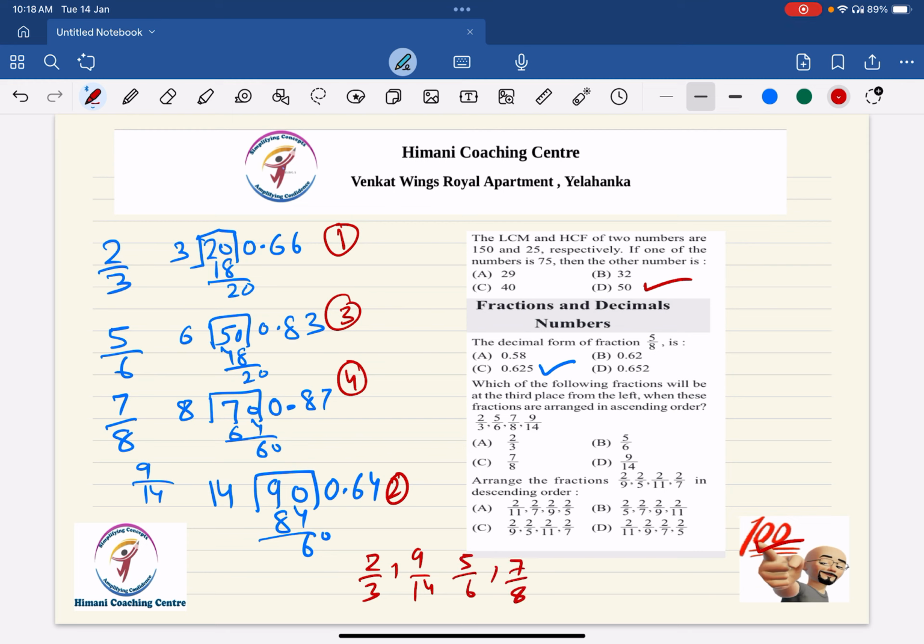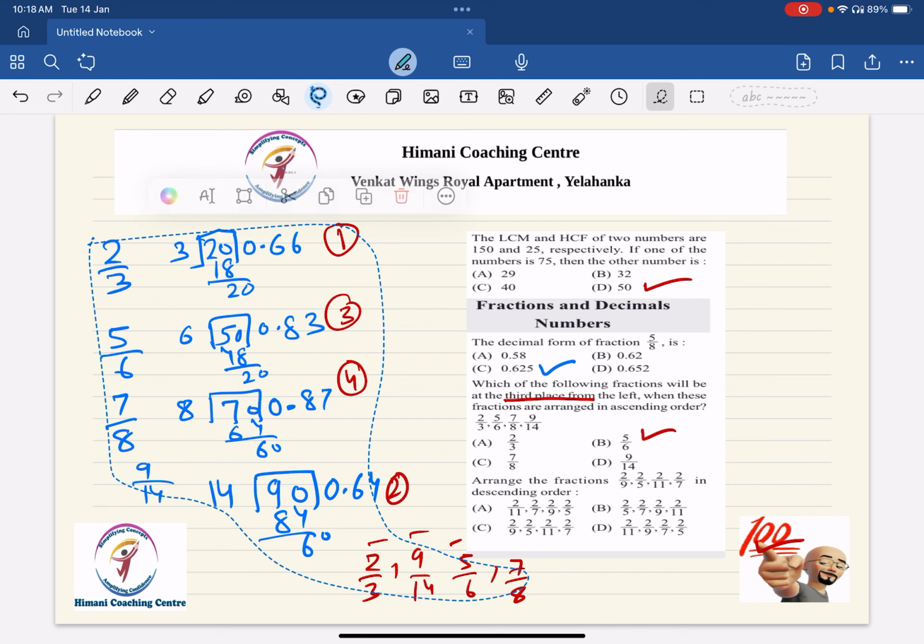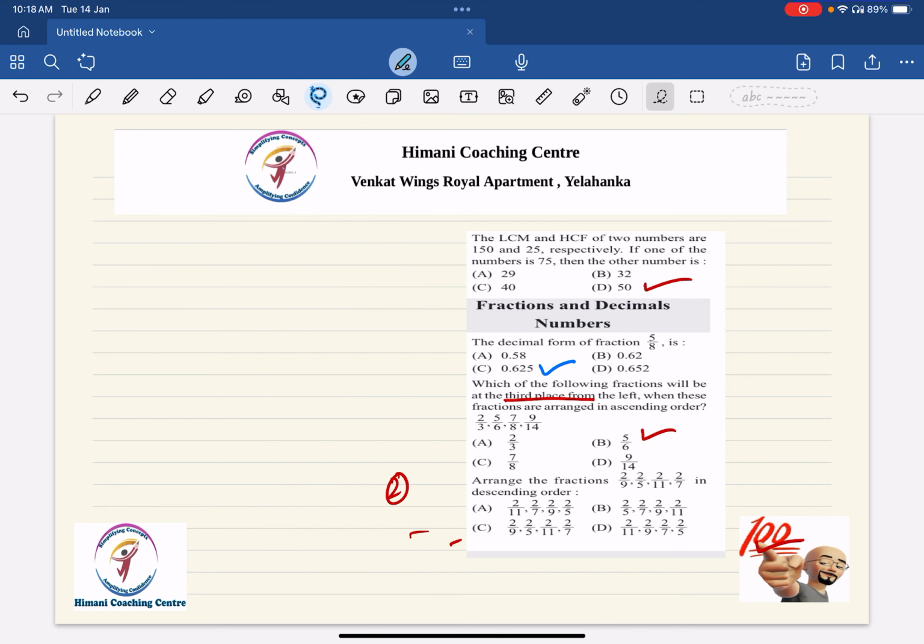Now the question is asking which fraction will be third place from left. So 1, 2, 3. So 5 by 6 is the answer. Okay. So that's how we solve these questions. When you see that LCM is going to take more time, you better do the division, which is faster. Okay. Now arrange the fractions in descending order. So here, see, all the fractions have the same numerator, which is 2, and then denominators are different.